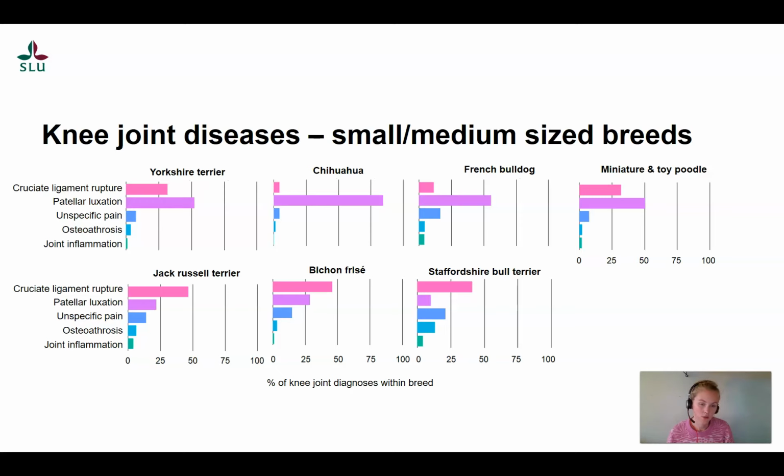Cruciate ligament rupture was also common in some small or medium-sized breeds, such as the Jack Russell Terrier, Bichon Frise, and Staffordshire Bull Terrier, for example. So patellar luxation mainly seems to affect small dogs, while cruciate ligament rupture affects dogs of all sizes.